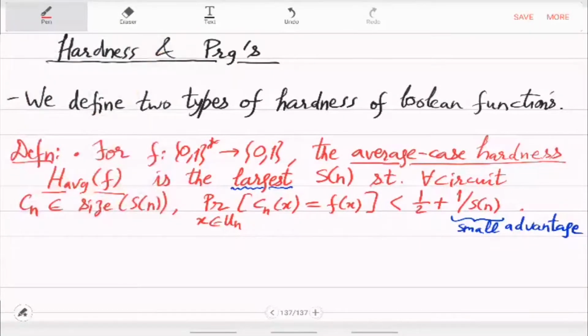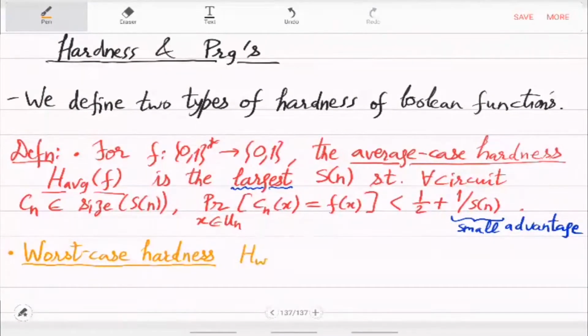And the second notion will be worst case hardness. We'll denote it by H_worst(F).